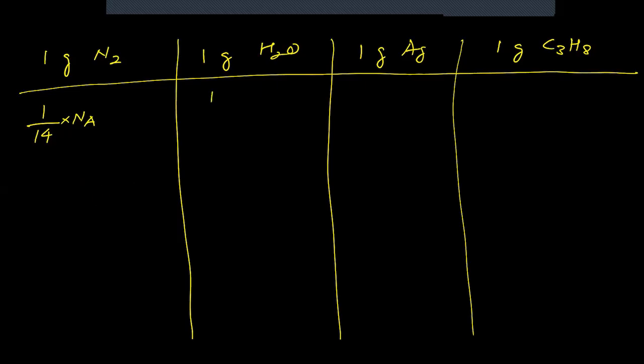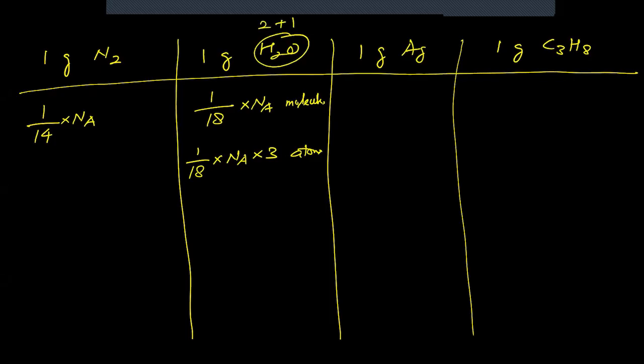Here, 1 divided by 18 into Na molecules, because 18 is the molecular mass of the whole water molecule, not of hydrogen or oxygen only. How many atoms? 1 by 18 into Na into 3, because one H2O molecule has 3 atoms, 2 hydrogen, 1 oxygen. That means 1 by 6 Na.